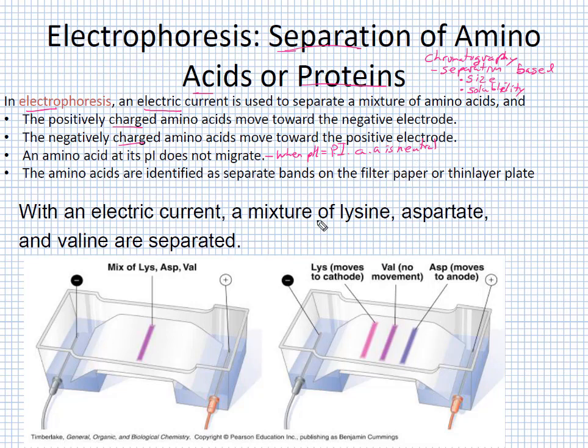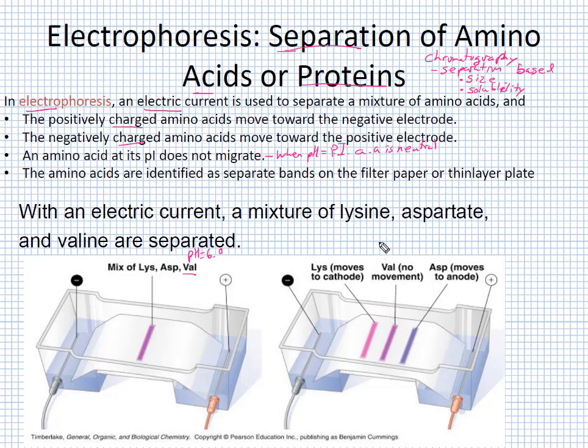So if you have a neutral amino acid, for example valine, at its isoelectric point, it won't move. Let's say this is at pH equals 6.0, the isoelectric point for valine. So it's neutral, it doesn't move.